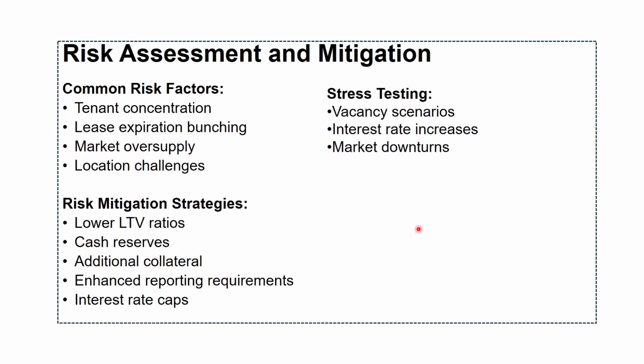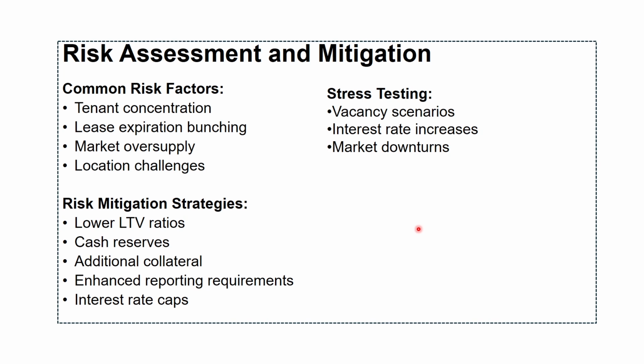Then there is lease expiration bunching, that is, many leases coming to expiry together, and that can also lead to a drastic fall in income if there is no continuous tenant there. A sudden vacancy happening can also be riskier.